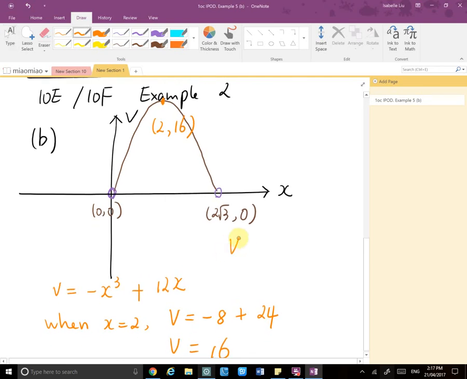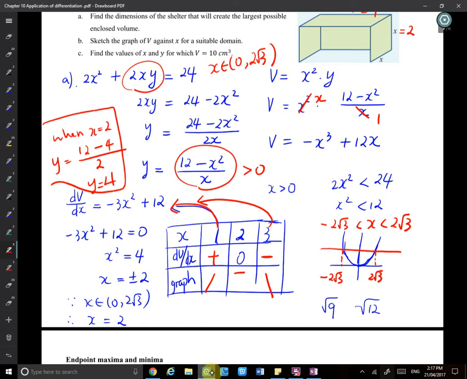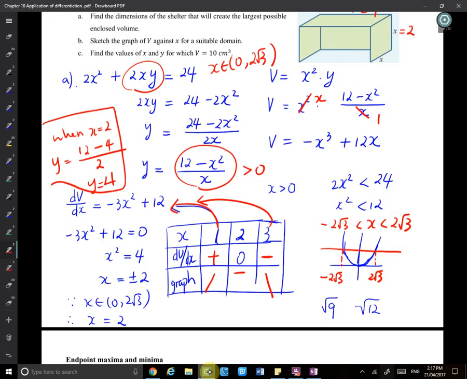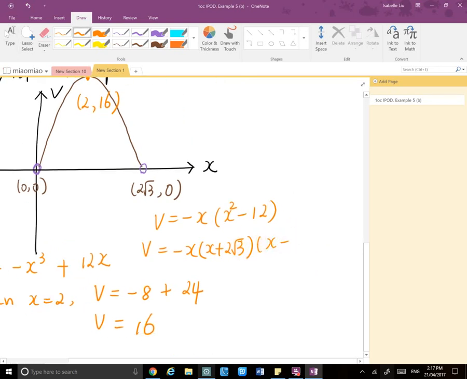V equals minus x, and x squared minus 12, so V equals minus x, x plus 2 root 3, and x minus 2 root 3.